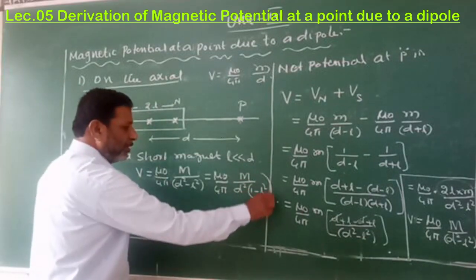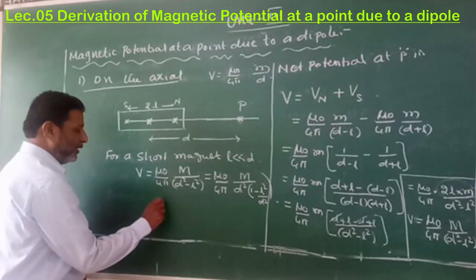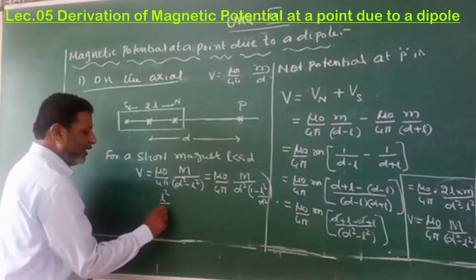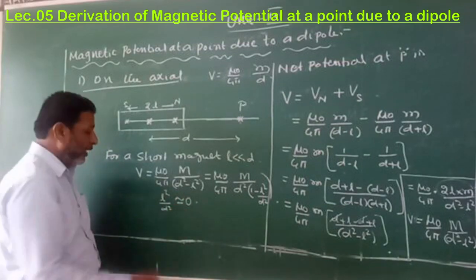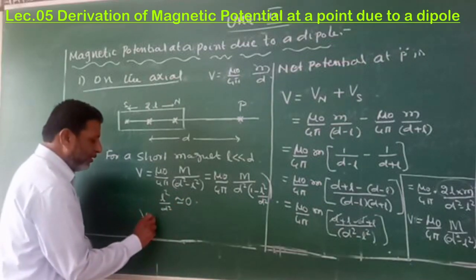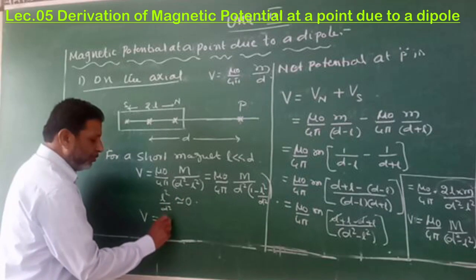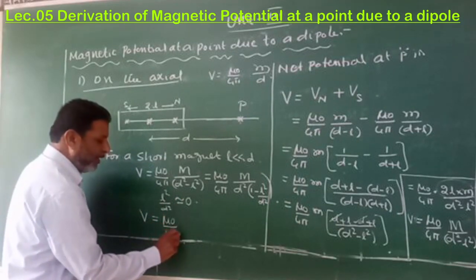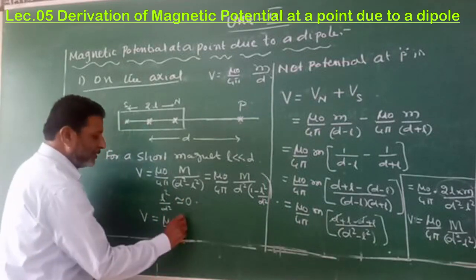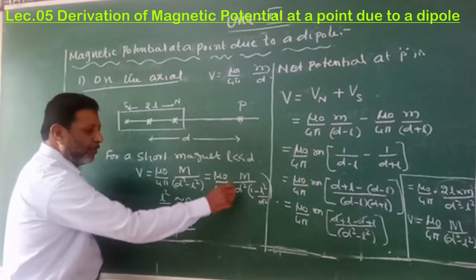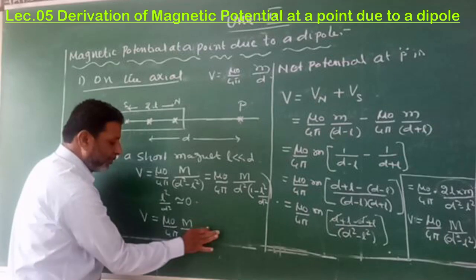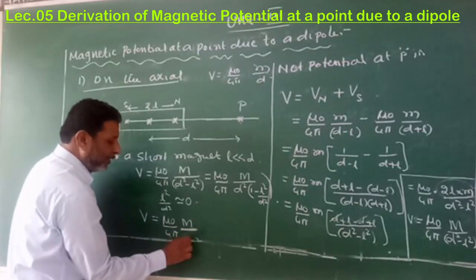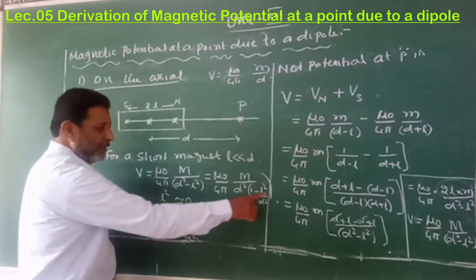That is, L square divided by d square is approximately 0. Therefore, the value we get is V equal to mu naught divided by 4 pi, m divided by d square, since the other term is 0.